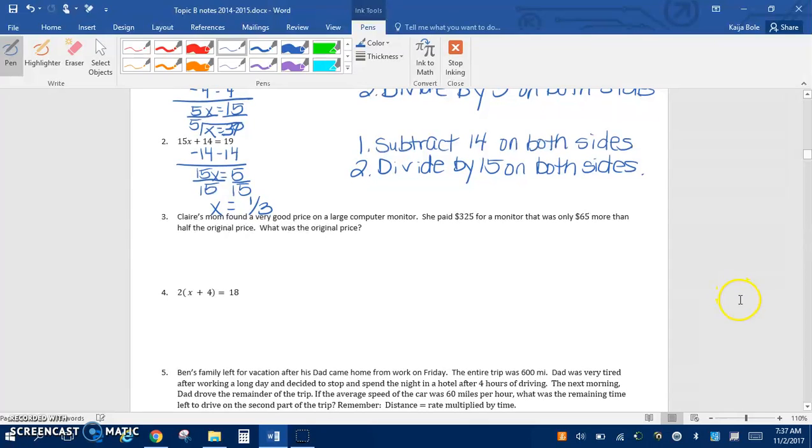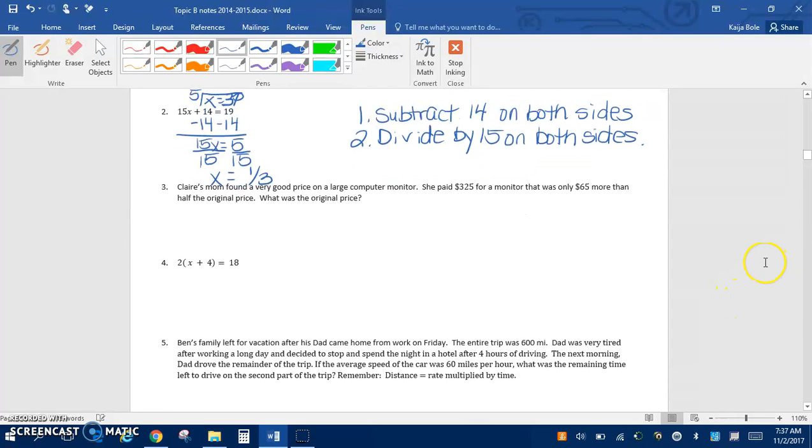Number 3 here says Claire's mom found a very good price on a large computer monitor. She paid $325 for a monitor that was only $65 more than half the original price. So they're asking us for the original price. So off to the side, I'm going to call my original price, which I don't know, X. Okay, so we've got a lot of keywords here.